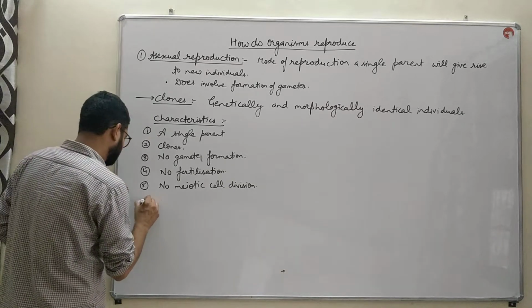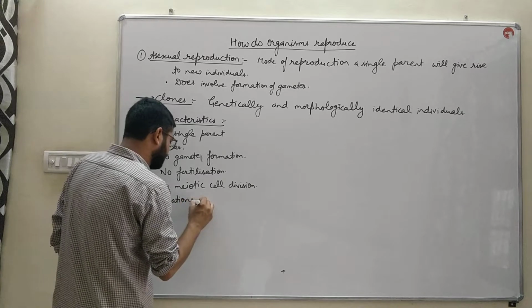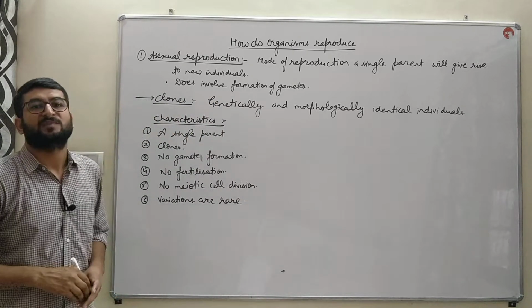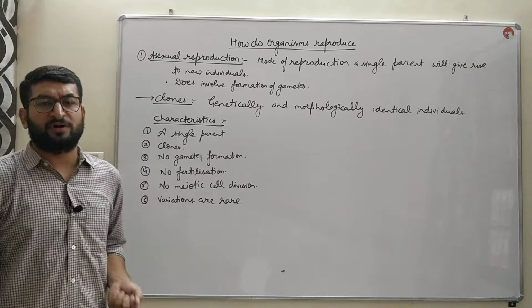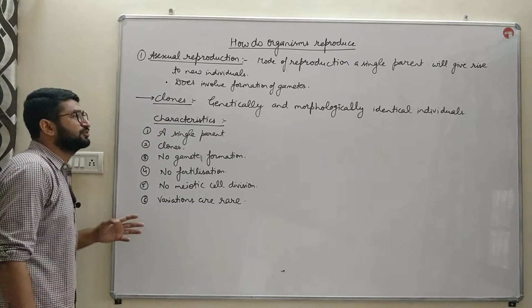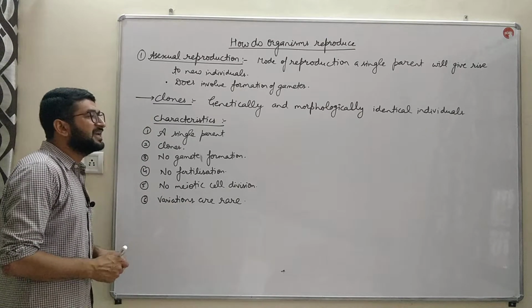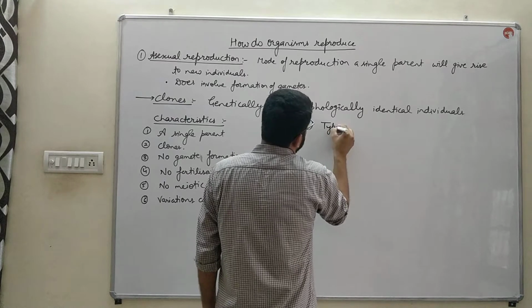Next, variations are rare. As a single parent gives rise to the new organism or young ones, variations are very rare in this mode of reproduction. So these are the characteristics of asexual reproduction.